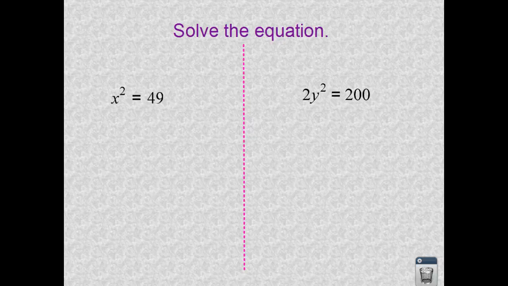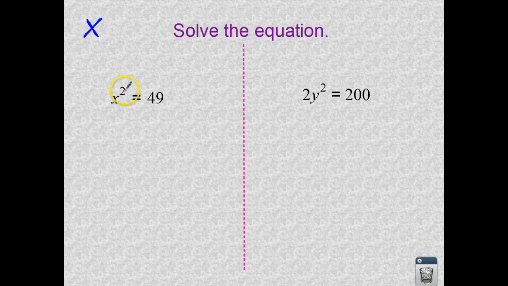And we always want to get this variable down to 1x. Whatever your variable is, we want one of them. We want it to be a positive variable, and we want it to have a coefficient of 1 in front of it. And right now we do have that 1 coefficient.